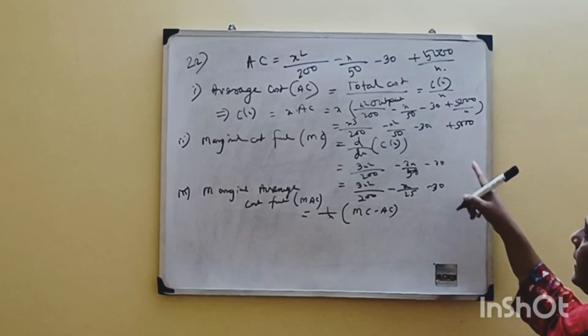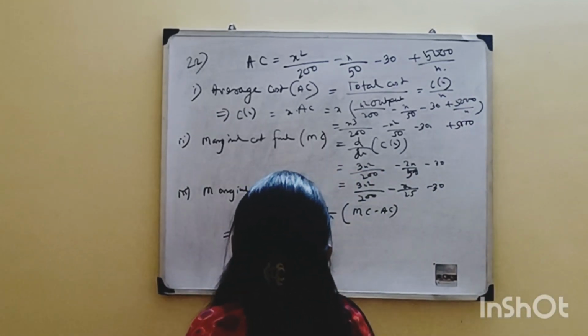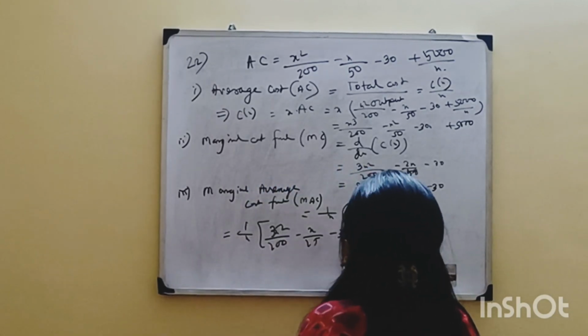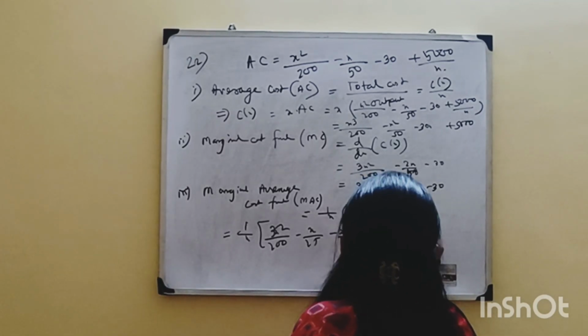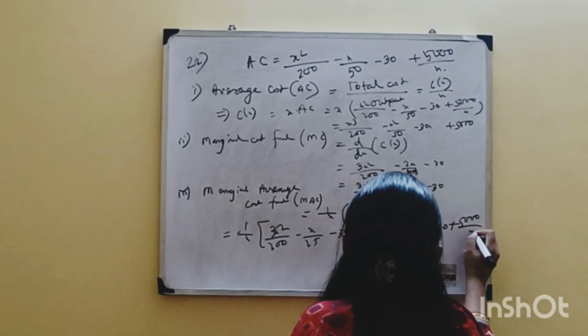MC is this, AC is this. So you have to put this value: 1 by x, 3x squared divided by 200 minus x by 25 minus 30, minus x squared by 200 minus x by 50 minus 30 plus 5000 divided by x.